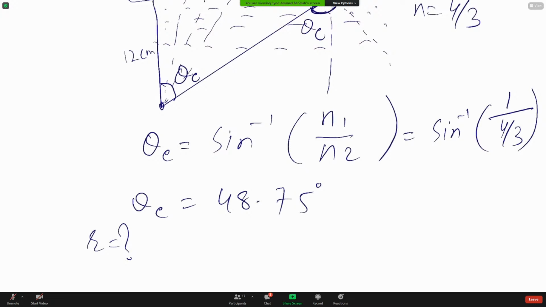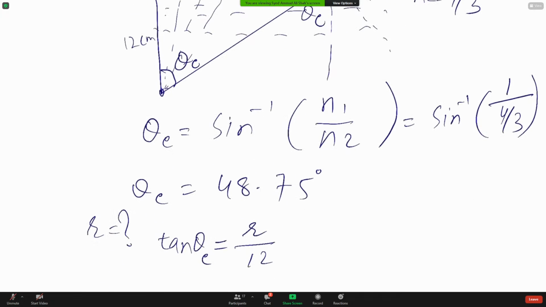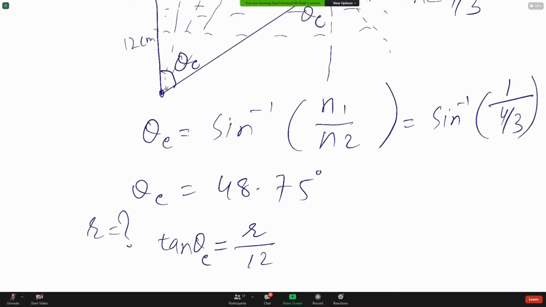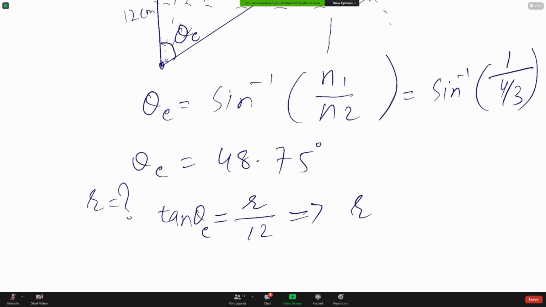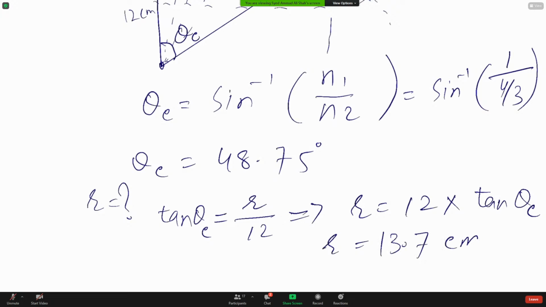Okay, r divided by 12 is tangent of theta c, which means r is equal to 12 multiplied by tangent of theta c. That means r is equal to 13.7 centimeters.